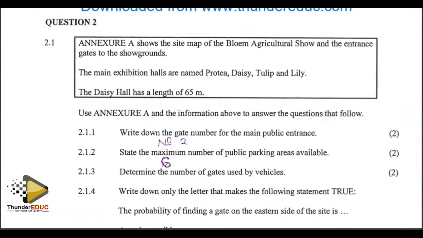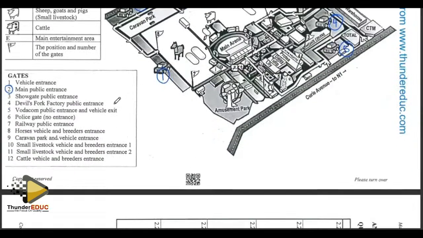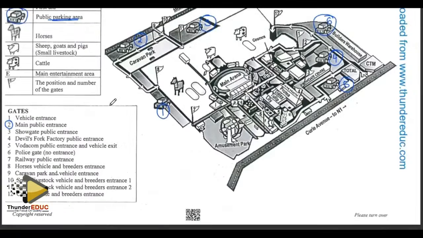Determine the number of gates used by vehicles. They didn't say whether entrance or exit, but they are used by vehicles. So we shall come here. We count 1, A, yes, 2.